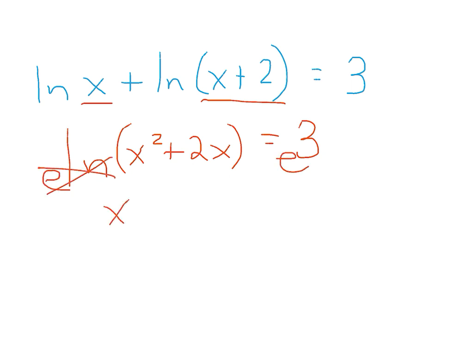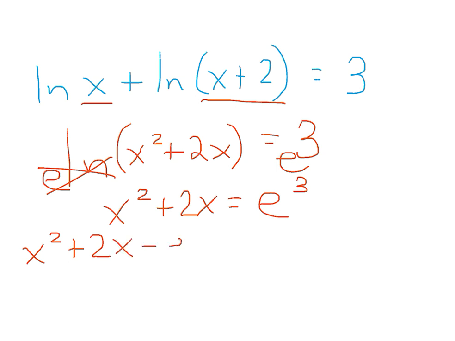So the e and the ln cancel each other out, leaving you x squared plus 2x equals e to the third. Now, e to the third is a number. It's not a very user-friendly number, but it is a number. So if you set it equal to 0, because remember, these are sometimes quadratics, I end up with x squared plus 2x minus e to the third equals 0.